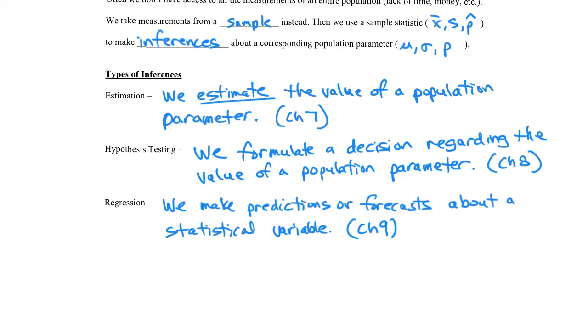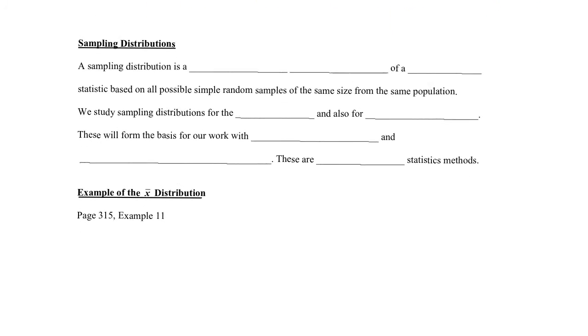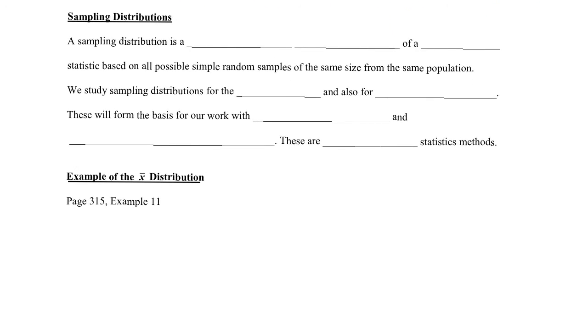Okay, so before we can do any of those inferences, we need to know what a sampling distribution is. A sampling distribution is a probability distribution.